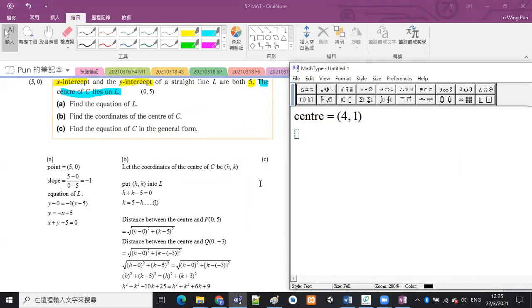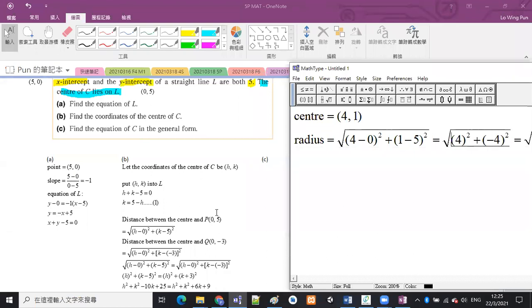And then the radius will be the distance between the center and P. So that should be h minus 0 squared plus k minus 5 squared. Okay, and that should be 4 squared plus negative 4 squared. So that should be square root 32.